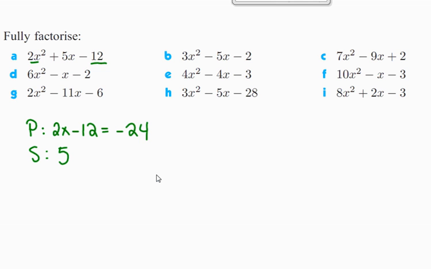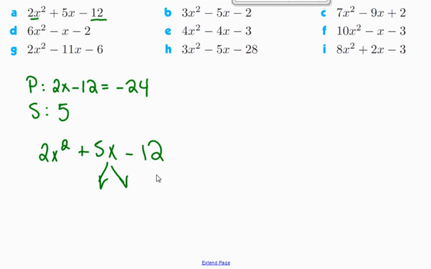So in our head, we're thinking, okay, what two numbers multiply to negative 24, but add to a positive 5? And we'll decompose 2x squared plus 5x minus 12 to do so. So this 5x, we're thinking, what two numbers multiply to negative 24 and add to 5?